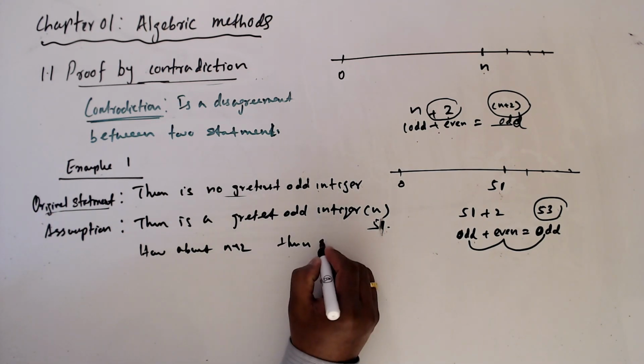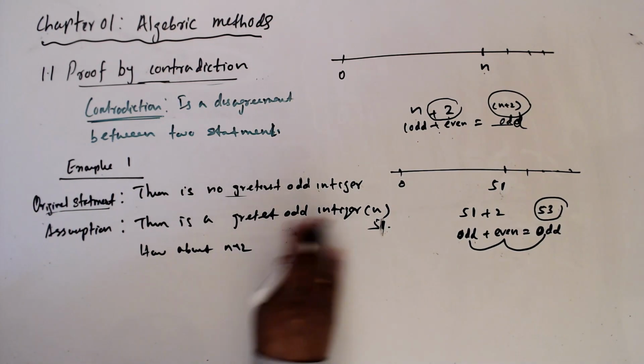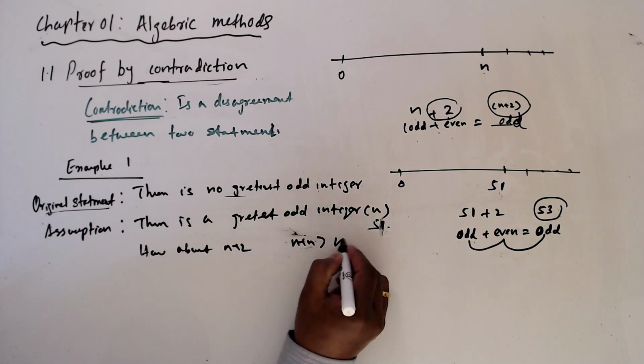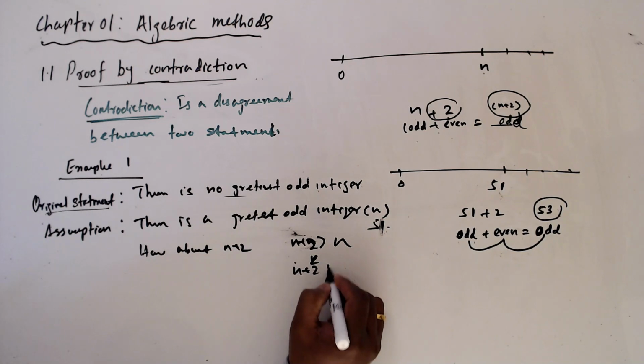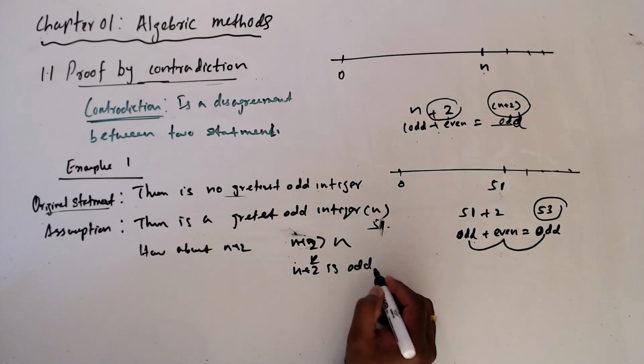n plus 2 is greater than n, and n plus 2 is odd. Why?